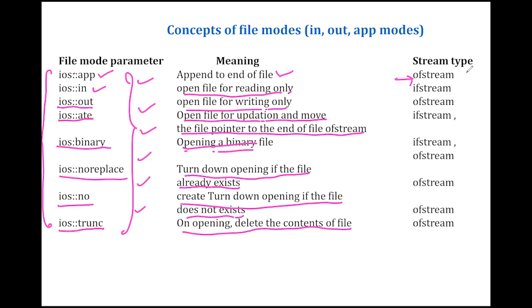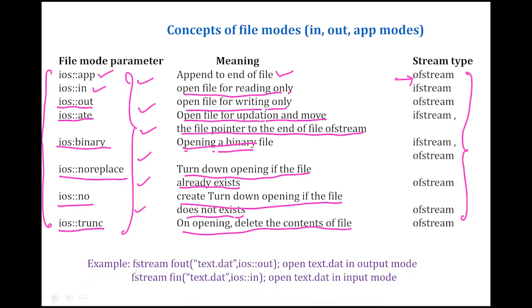If you can see here, there are different stream types. They belong to different stream types, but yet they can be used with the same command, that is nothing but your fstream. So see the example here, two examples I have written. The first one is fstream fout, so I'm using an object here, and then I am passing text.dat as an input, and my mode is ios::out.